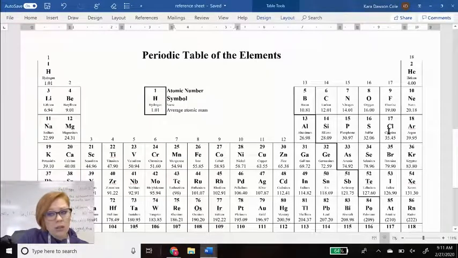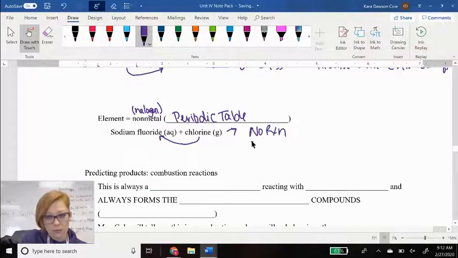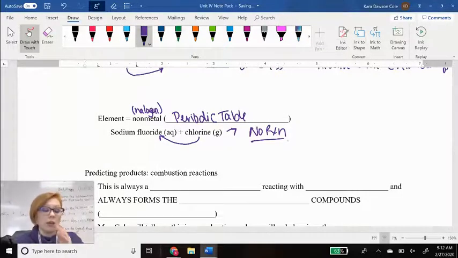Chlorine is below fluorine, so this reaction doesn't occur. There is no reaction here. I don't have to say anything about it. Now, if I had sodium chloride and fluorine, that reaction would occur. But because I have sodium fluoride and chlorine, there's no reaction, okay?